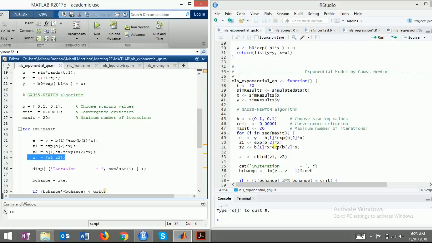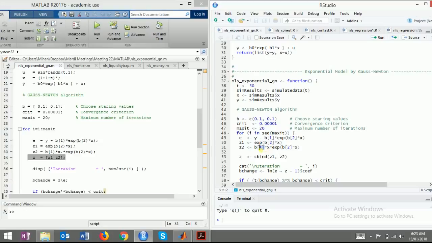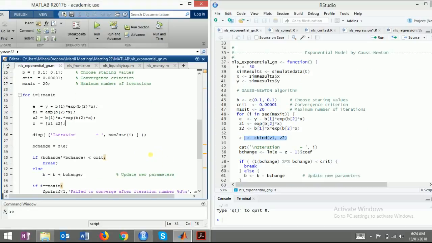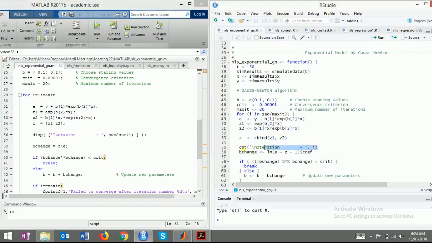So exponential of beta 2x, Z2, beta 1, third bracket, elements going to array in the third bracket. No element by element multiplication is there. It automatically understands whether it's element by element or not. And then column bind Z1 and Z2. So iteration, number to string, number of iterations is going.